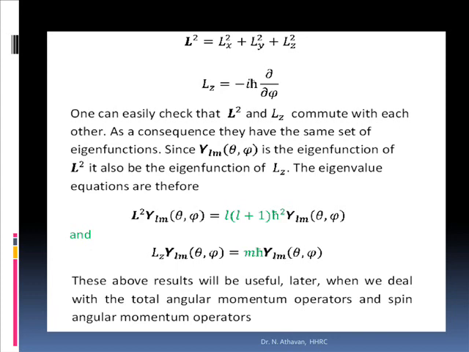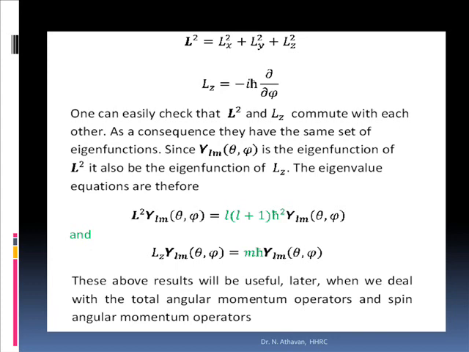In this problem, we obtained the eigenfunctions of L squared. Therefore, L squared's eigenfunctions are known, and one can write the z component of the angular momentum as Lz equal to minus i h-bar d by d phi in terms of spherical polar coordinates. One can easily check that L squared and Lz commute with each other.